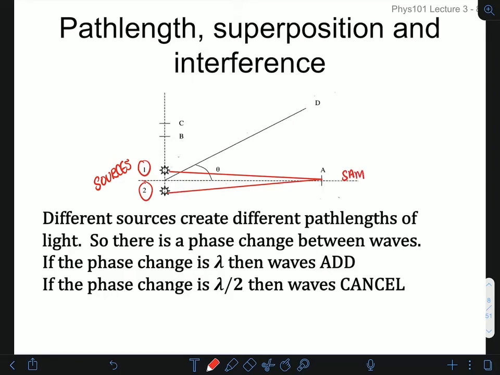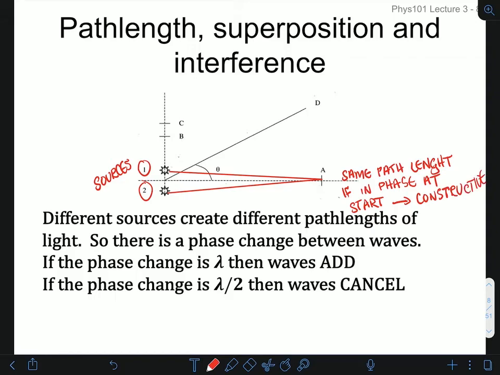So if they started in phase, then these two will add constructively. You would have constructive interference.